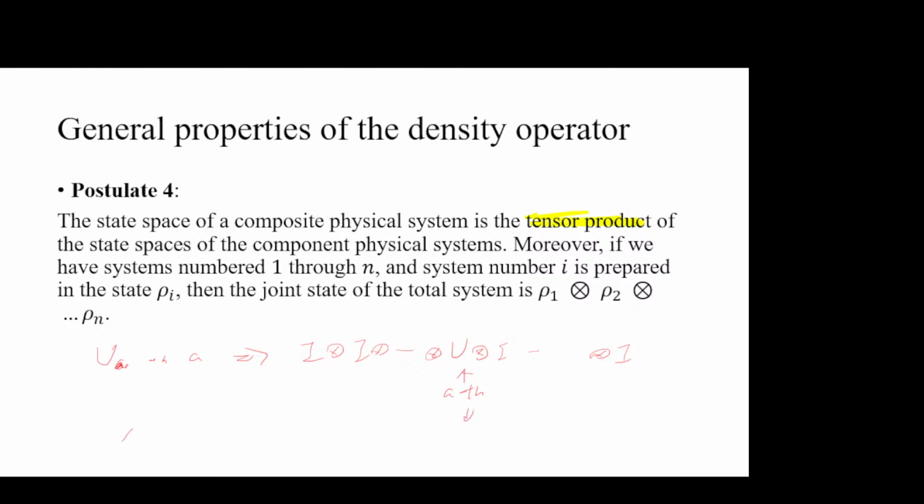And similarly for measurement on system A, you have the measurement operator tensor identity.